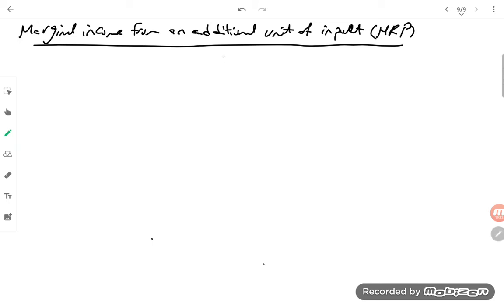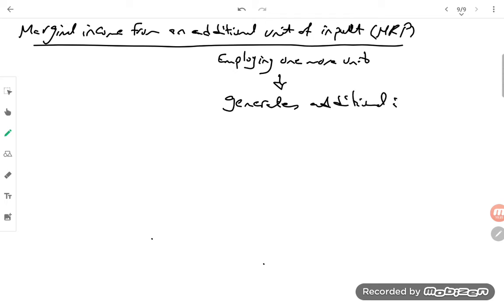Employing one more worker or adding one more unit of input generates additional income.